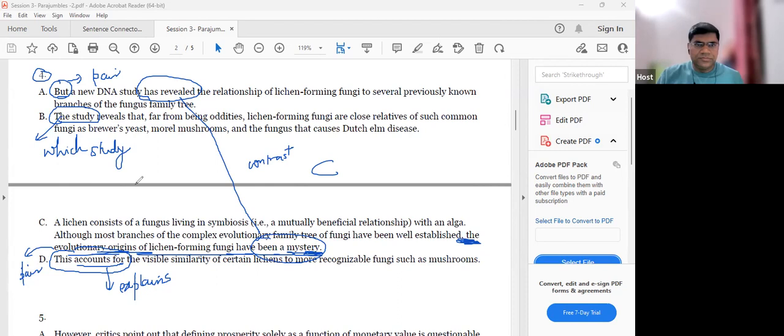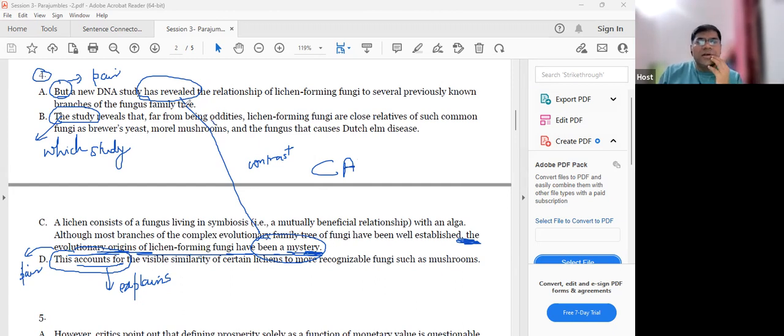Yes, people? So can I say that if I want to justify A, I have to go from C to A? A lichen consists of a fungus living in symbiosis with an algae. Although most branches of the complex evolutionary family tree of fungi have been well established, the evolutionary origins of lichen-forming fungi have been a mystery.